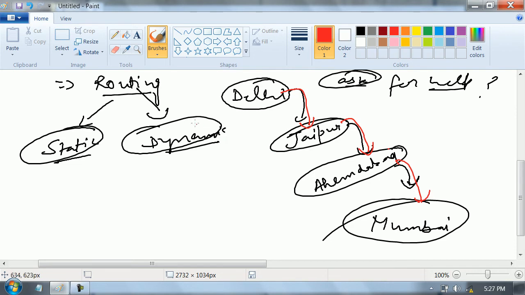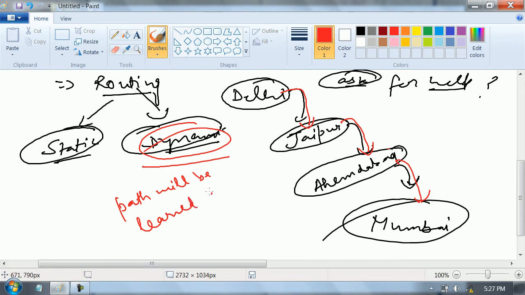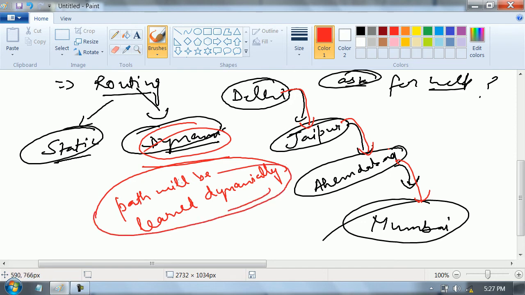And what is dynamic routing? It does not mean best path or neighbors advertising each other something. The thing is, paths will be learned dynamically. Try to understand a very simple logic.